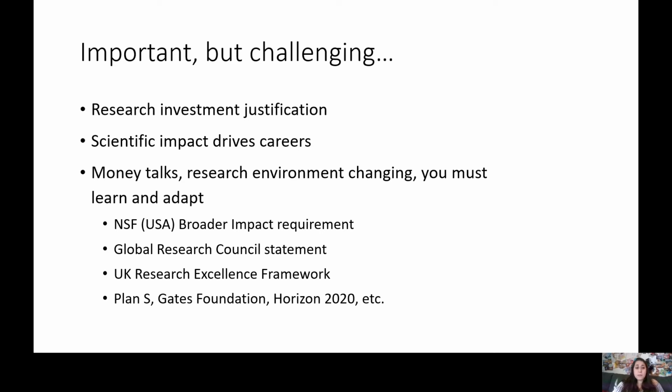And this has become ubiquitous in others, such as the Global Research Council, the UK Research Council, and Plan S. Again, our environment is changing to show more and more that the funding you're getting is going to actual research that will change the scientific world, and the broader world, depending on how it goes.